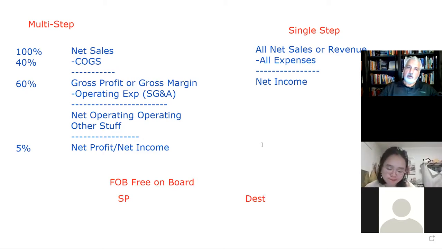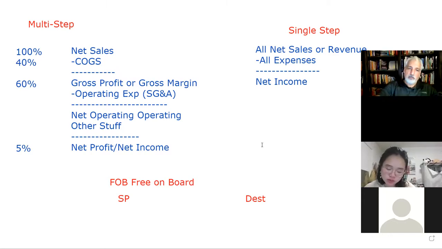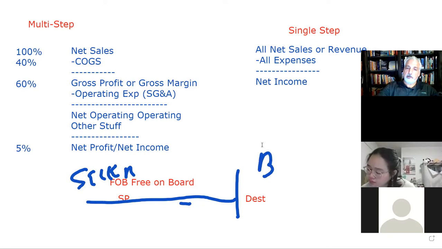Destination. Okay, so FOB destination. So in theory, the seller is responsible for shipping, is responsible for insurance, is responsible for keeping it in their inventory. And when it gets to the destination, it now belongs to the buyer.